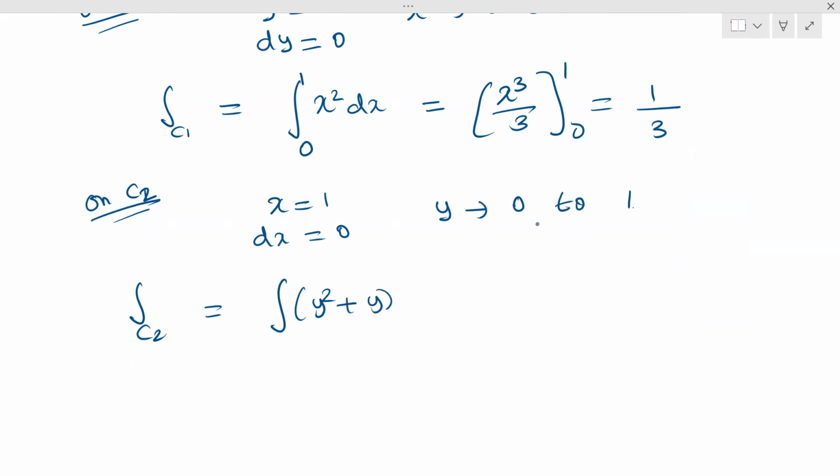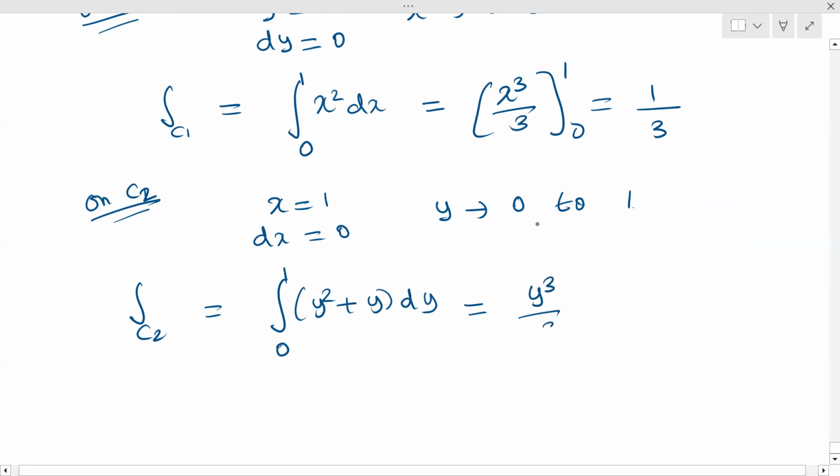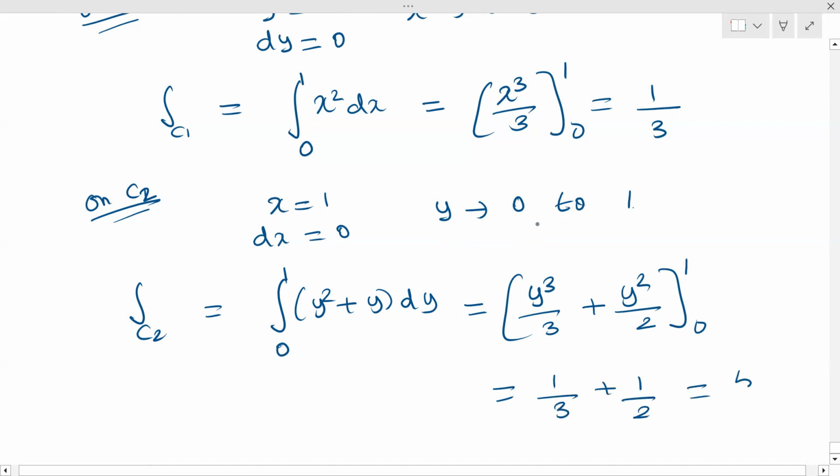And the limit is 0 to 1. So y square integration, y cube by 3 plus y square by 2. When we apply the limit, we will get 1 by 3 plus 1 by 2, that is equal to 5 by 6.